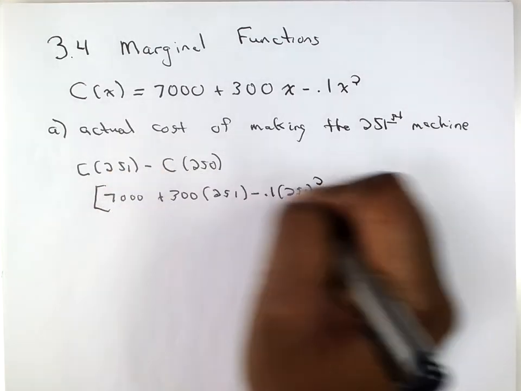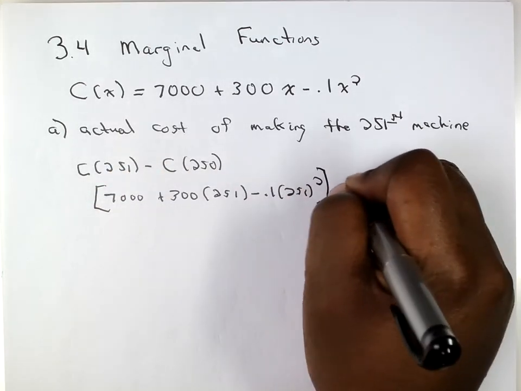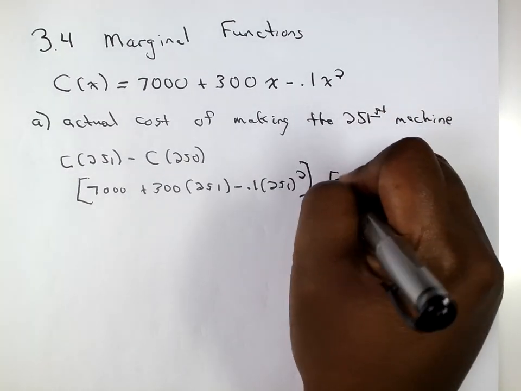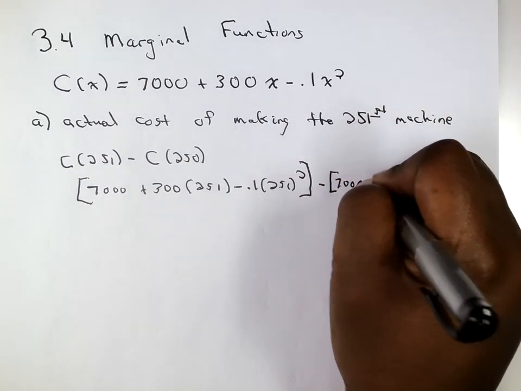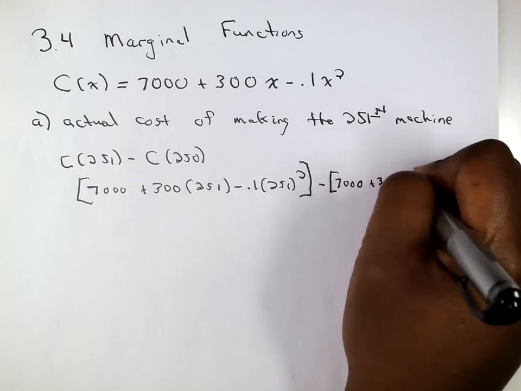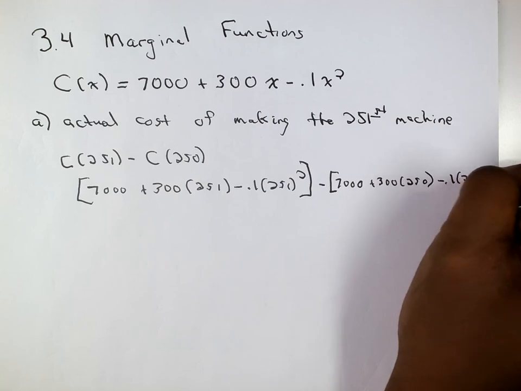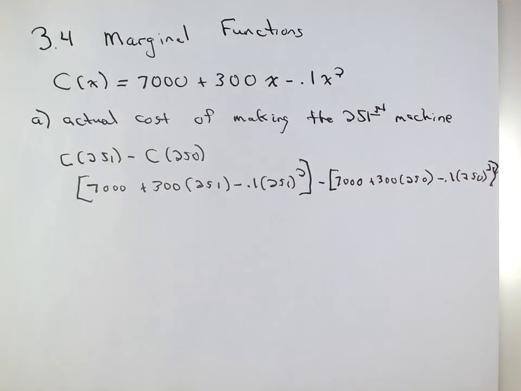So that's C of 251, and then I have to do the same thing when I plug in 250. So I get 7,000 plus 300 times 250 minus 0.1 times 250 squared.